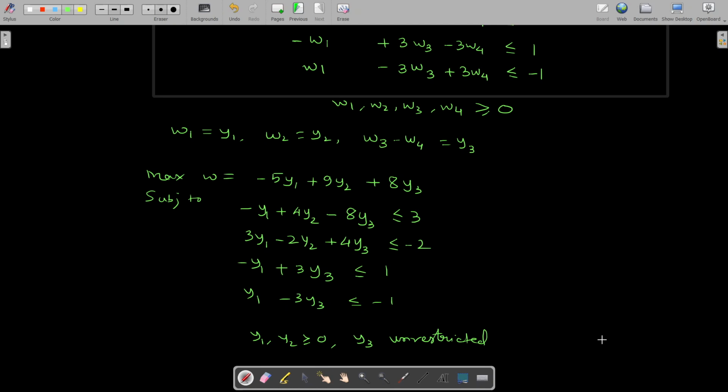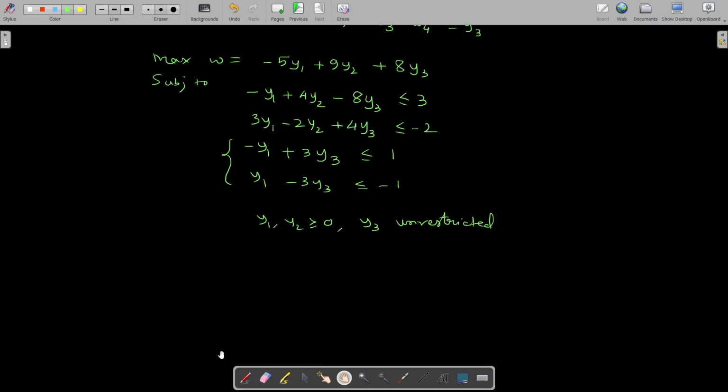We can further combine these two into another form. We can write: maximize w equal to minus 5y1, which is going to be the final form.